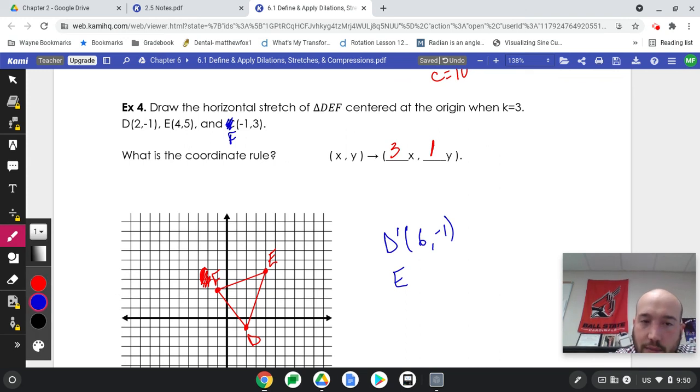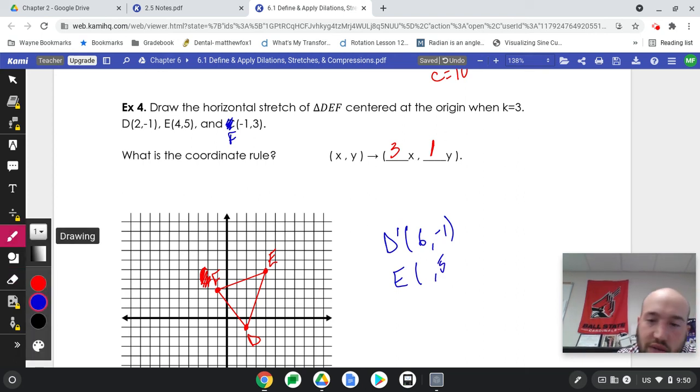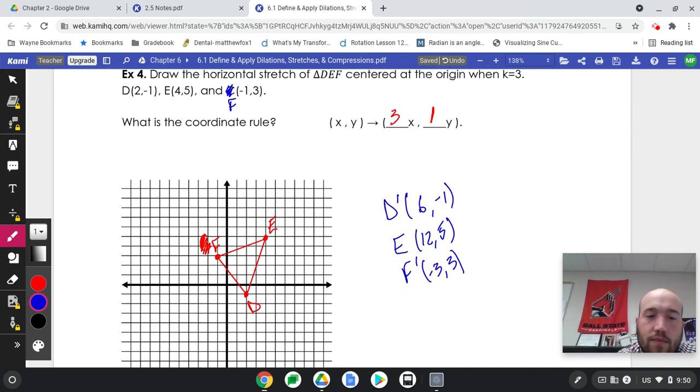Okay, so E prime will be 12, 5. It's a scale factor of 3. And finally, F prime would be -3, 3. So F prime will be right there.